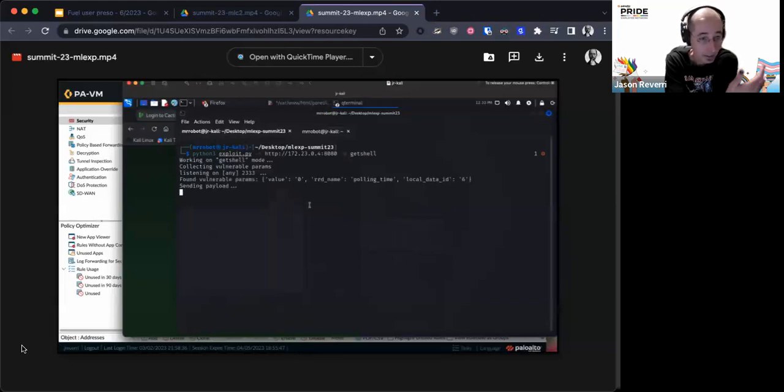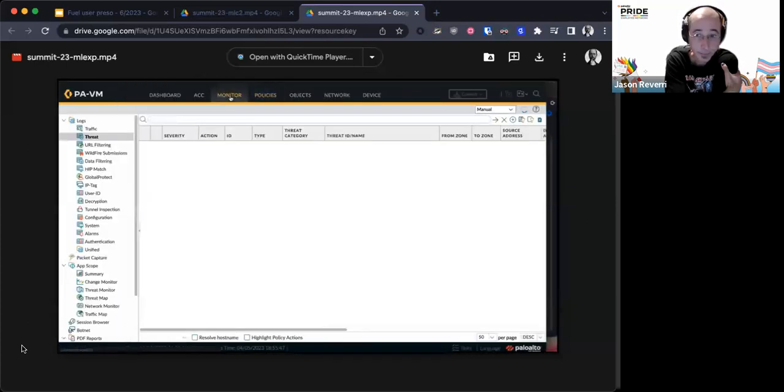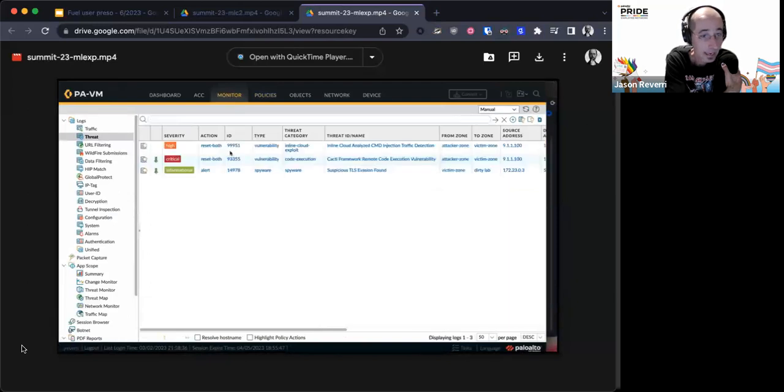And you can see we don't get shell access back. Looking at the logs on the firewall, we'll see an inline cloud exploit prevention, command injection traffic detected, and reset.